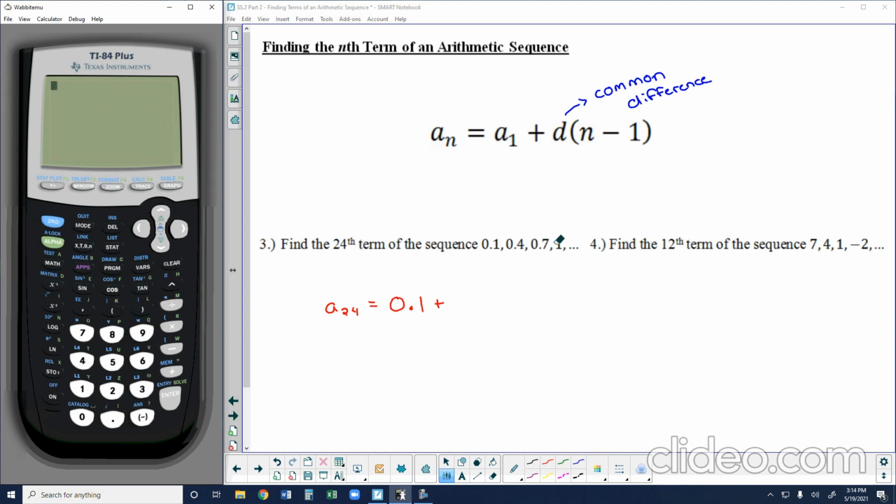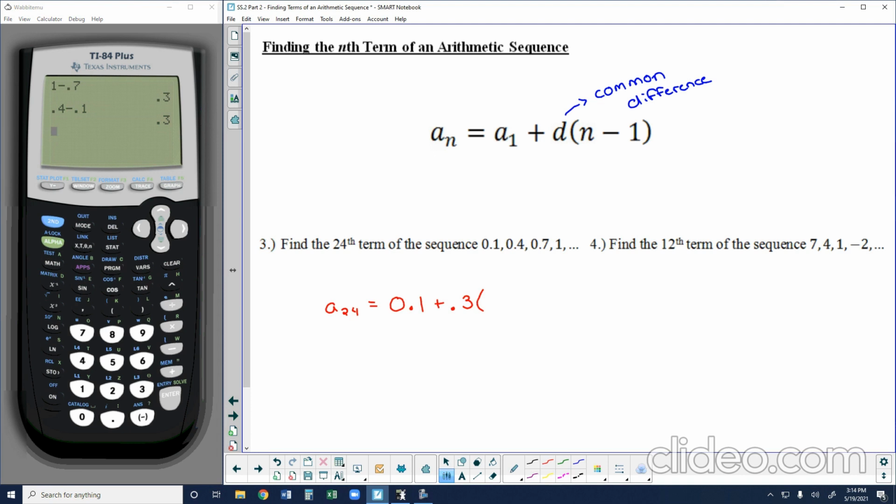So I'm going to take the 4th term and subtract the 3rd term, and there I have the difference. I could do the same with the 2nd term, 0.4, minus the 1st term, 0.1. This is increasing, so we have a positive d value of 0.3.